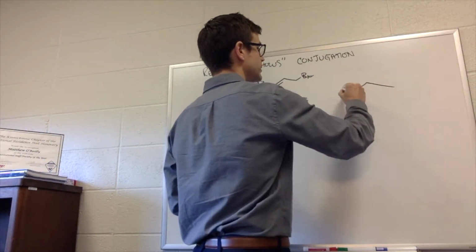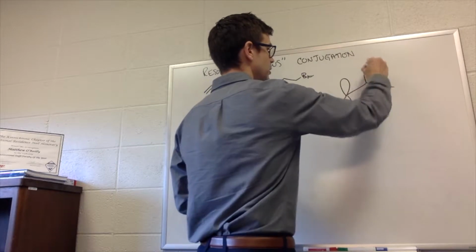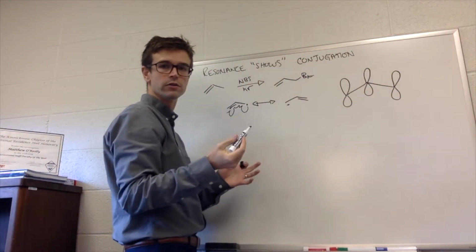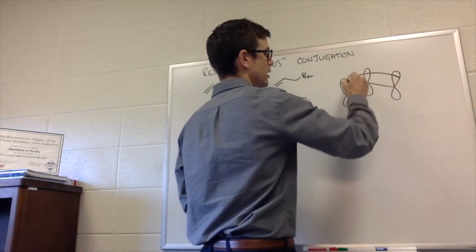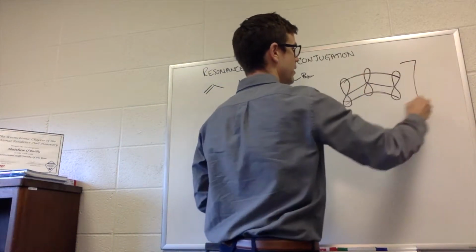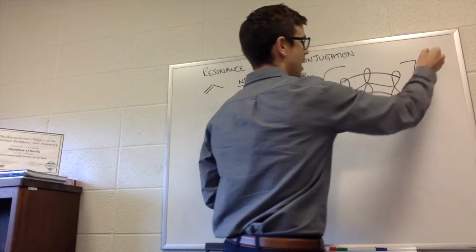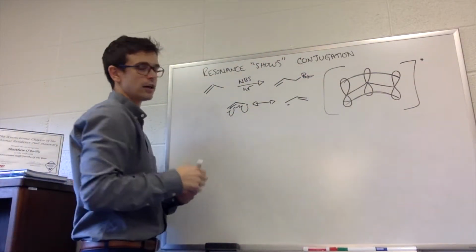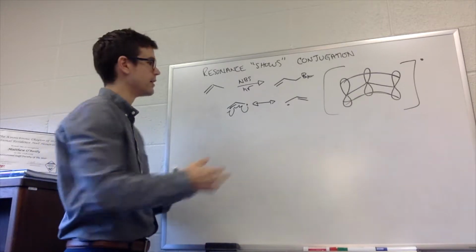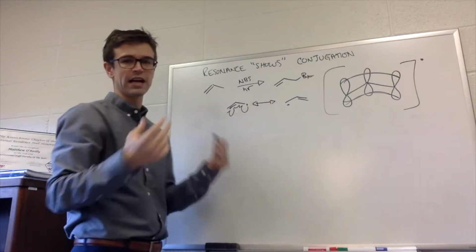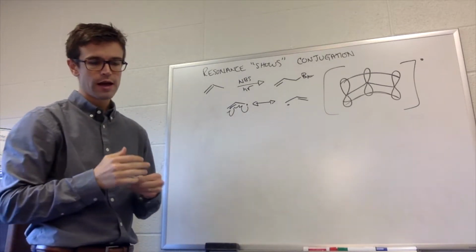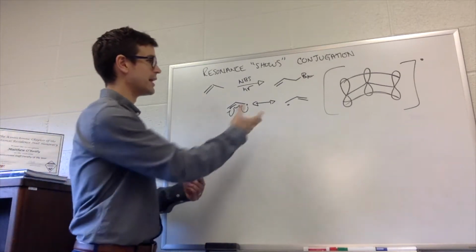What it really is is 3 carbon atoms with 3 p orbitals, and they are overlapping, and they all have that radical character. So what we're showing here is that this radical was actually conjugated throughout that p orbital, and that's what made it extra stable.